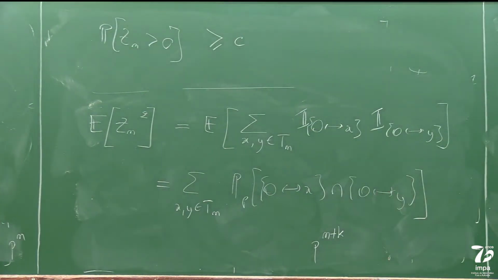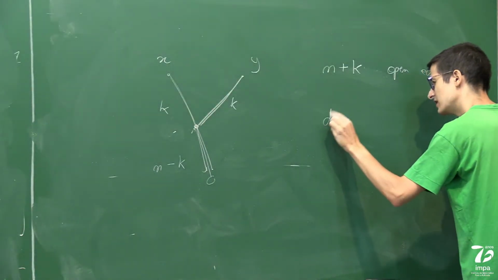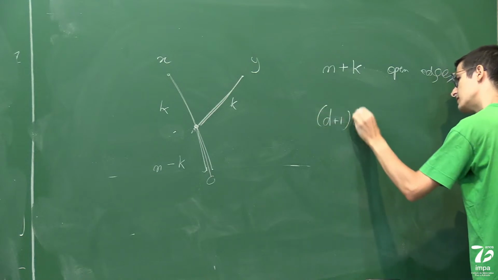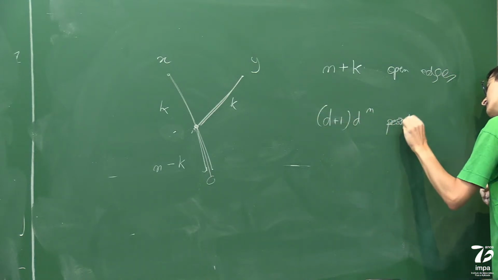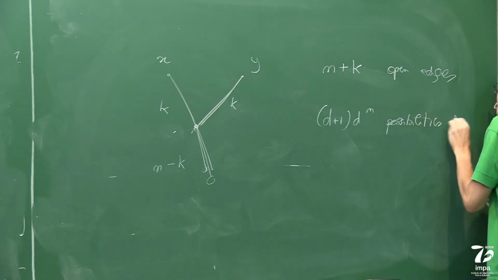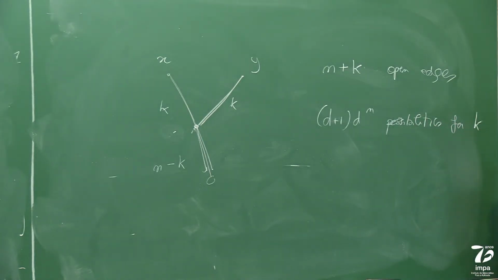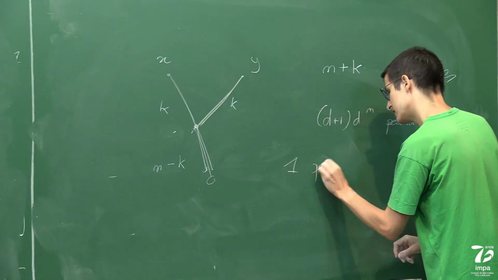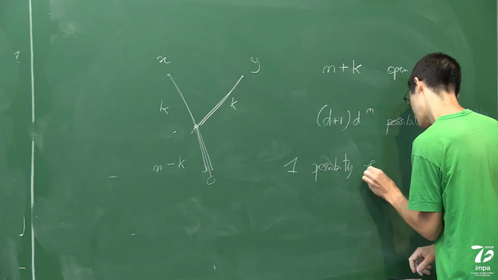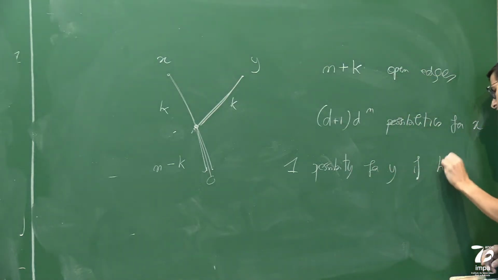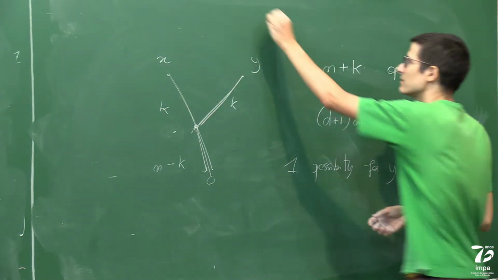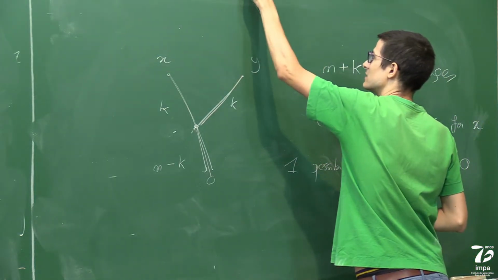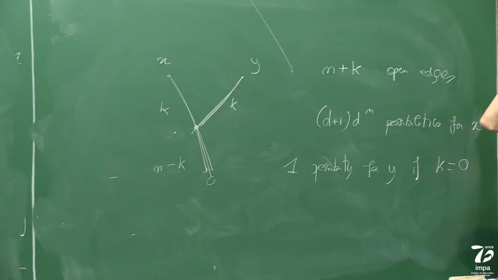So I have d plus 1 times d to the n possibilities for x. I have one possibility for y if k is equal to 0. This is x equal y. I have to count this separately.